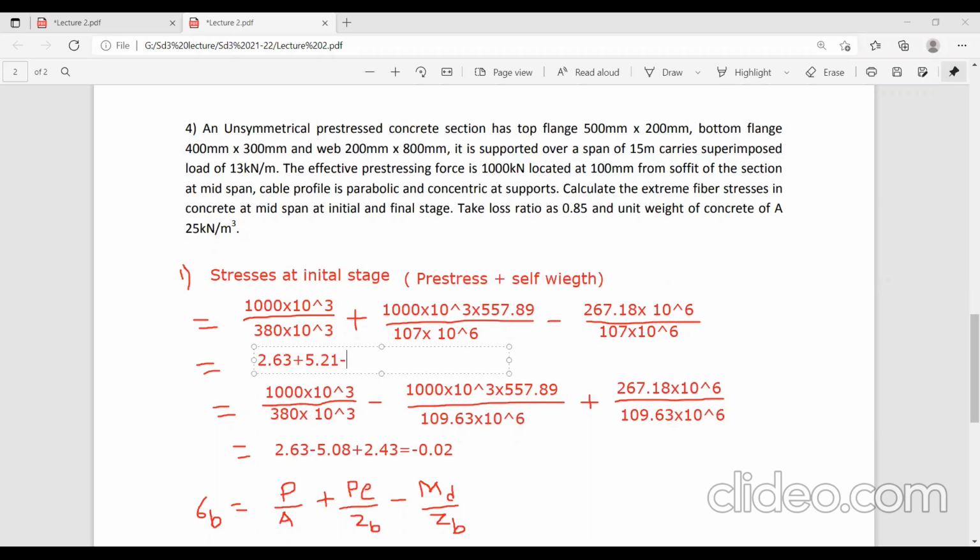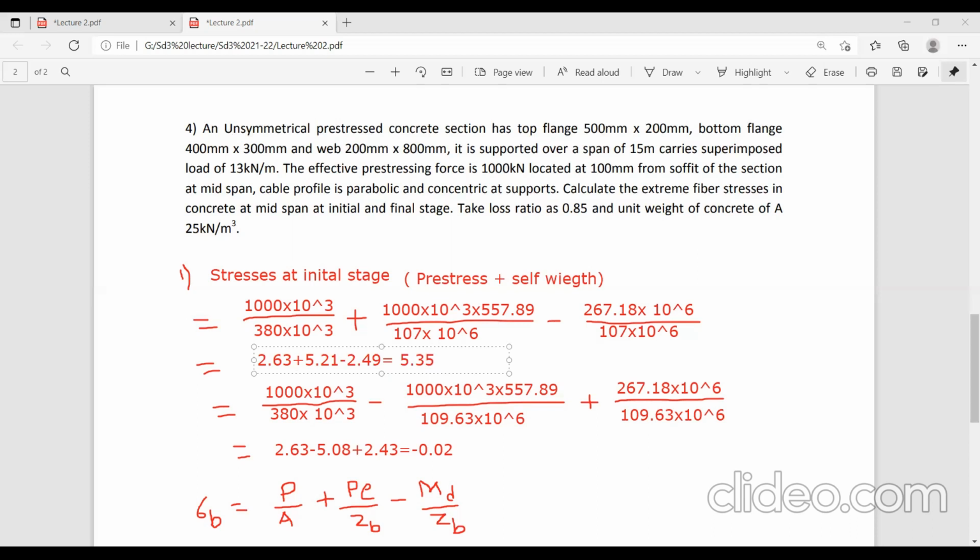So it will be 2.49. How much is the final stress value at the bottom side? 2.63 plus 5.21 minus 2.49. So it will be 5.35.